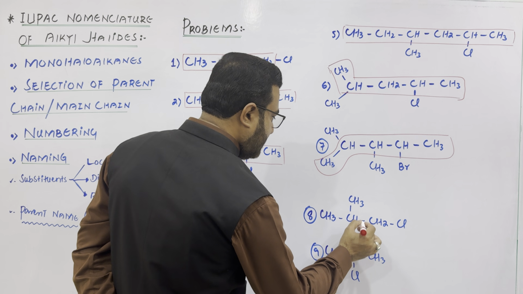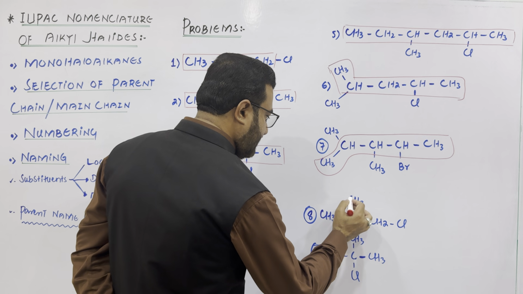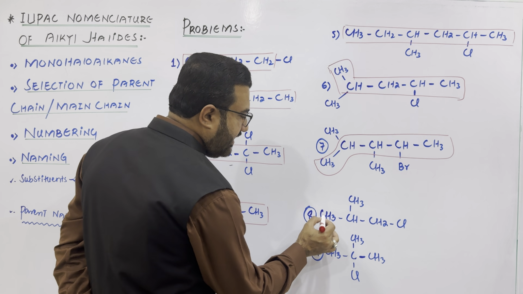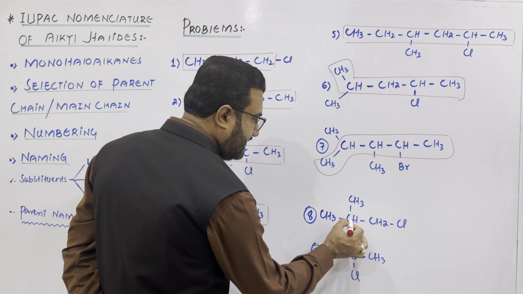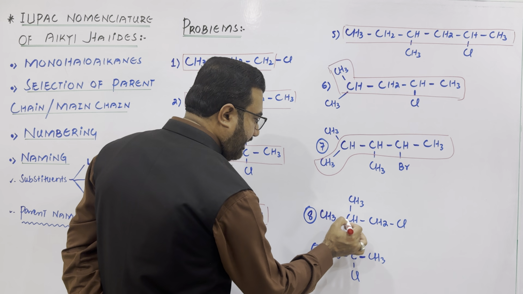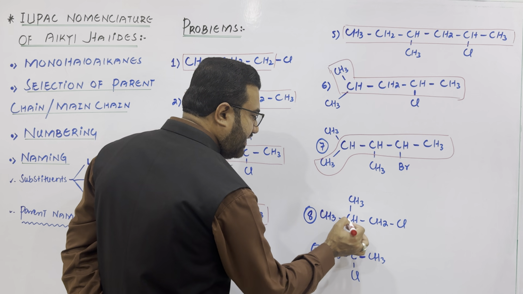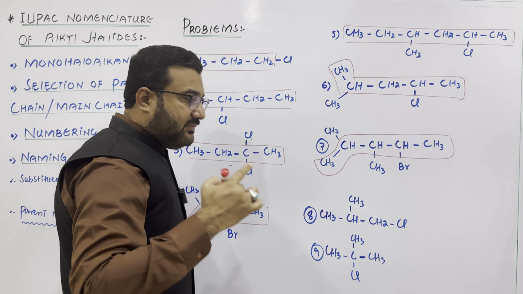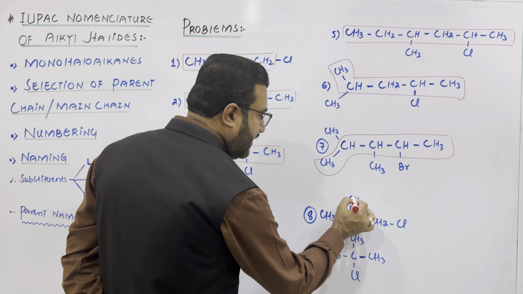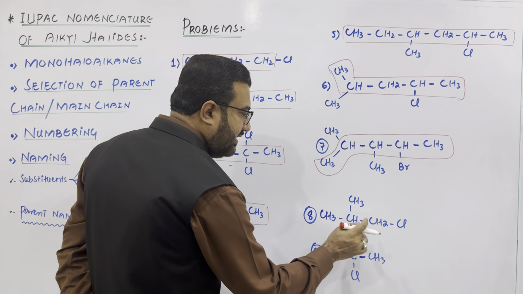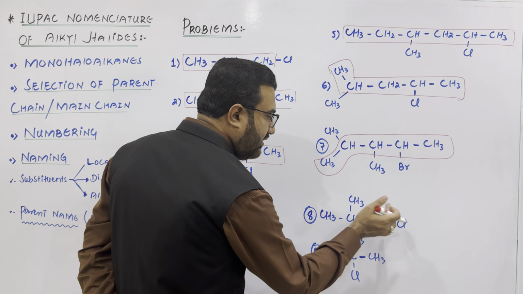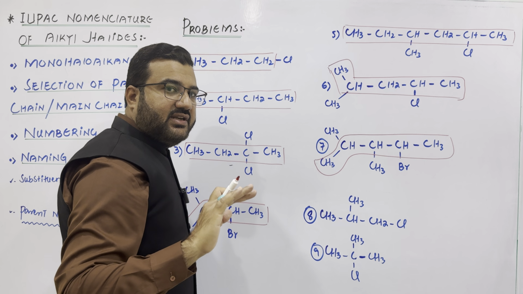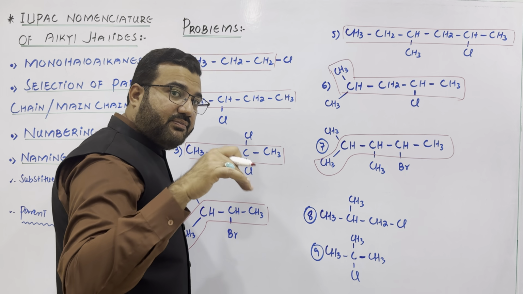Similarly, in this case, 1, 2, 3, 1, 2, 3. My dear students, listen very carefully. There is a chain CH3, CH, CH3, this one. It also has 3 carbon atoms in it, but we cannot select this as the parent chain. Why? Because the alpha carbon will be outside the chain, and the condition is that all the halogen carrying carbons should be part of the chain.